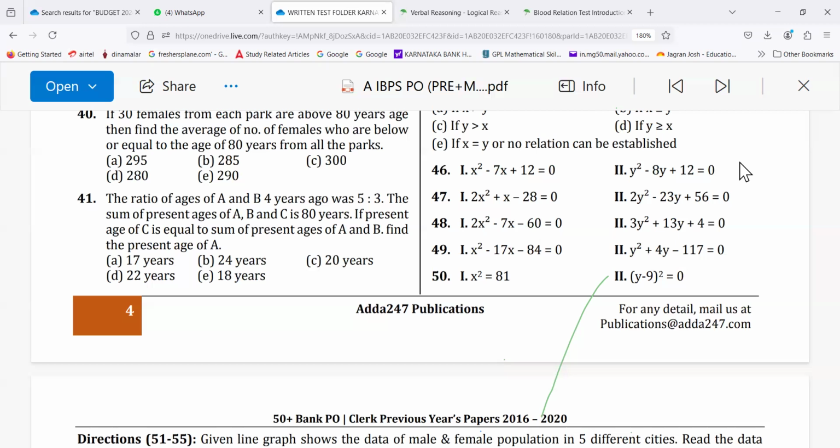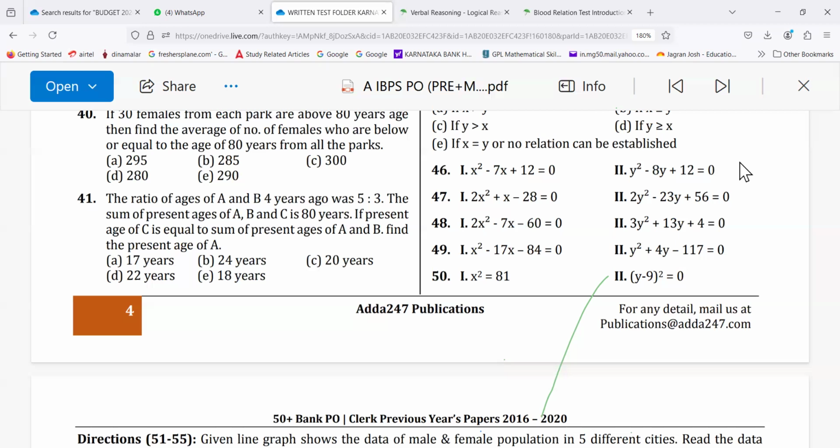If the present age of C is equal to the sum of the present ages of A and B, then find the present age of A. You should put X, Y, and then carry on. A, B, and the third one is C.